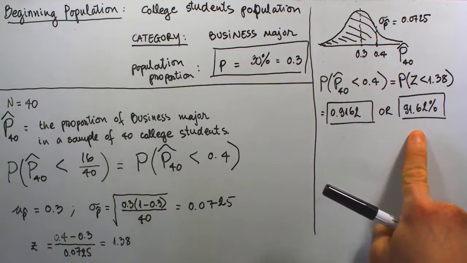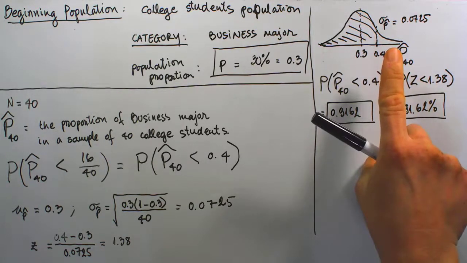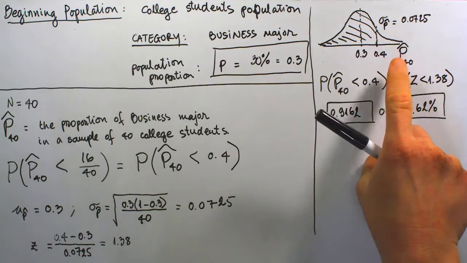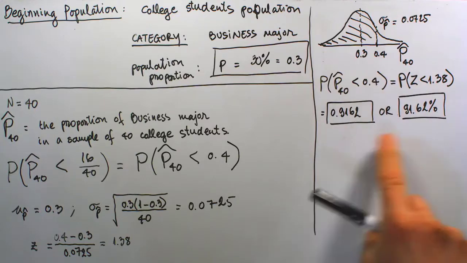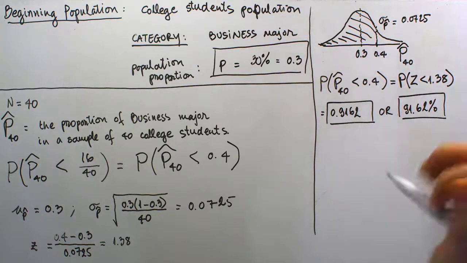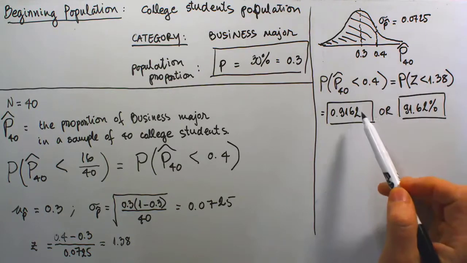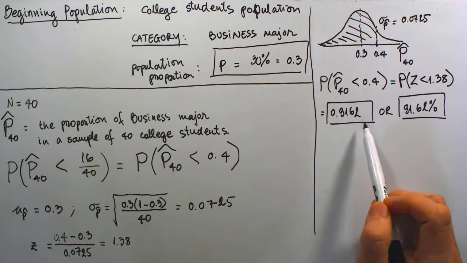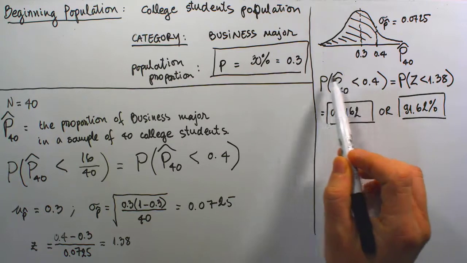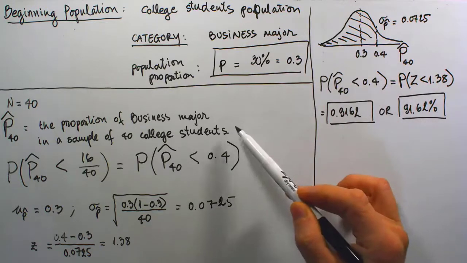final answer here. But now, if we look back into the steps here, there was one critical step that I decided not to bring in until now that we have found the final answer. So let's roll back to that step where I pointed out that the whole reason we can come to this final answer is that we calculated this probability treating the population data here as bell curve data.